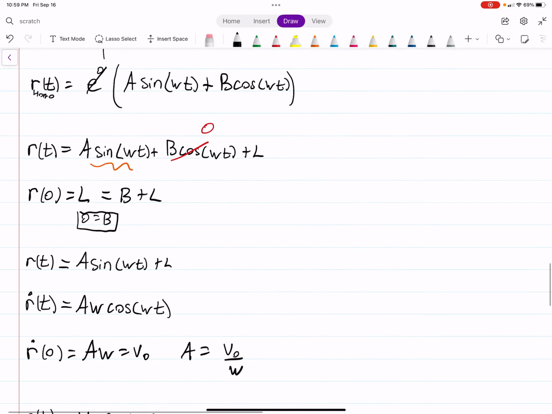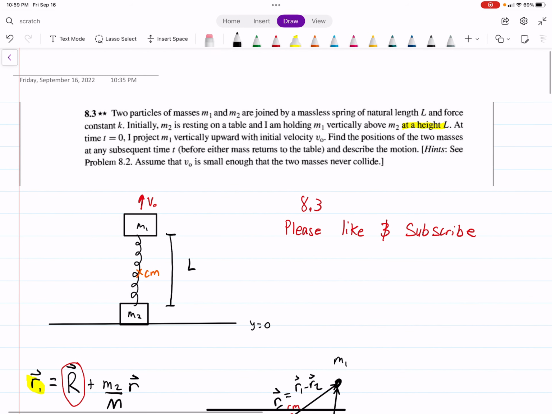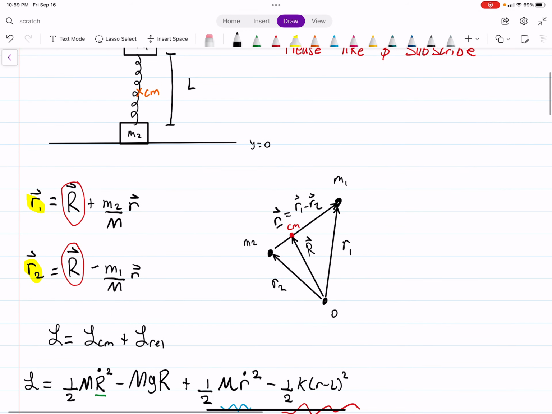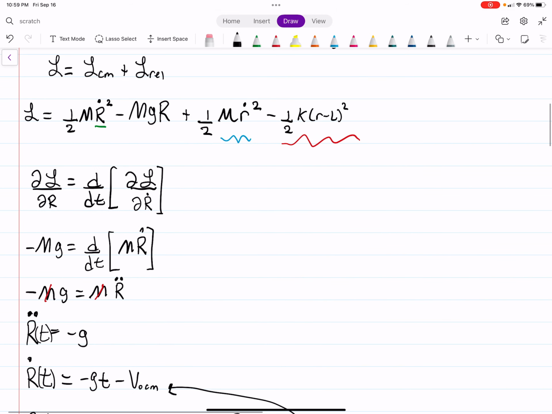Okay? So just to summarize what we did, we had this problem. We drew a little picture. I guess I drew it before I started the video, but that's where we were. We recognized the two equations that would tell us the position of our particles at any time t. We found our Lagrangian of the system.